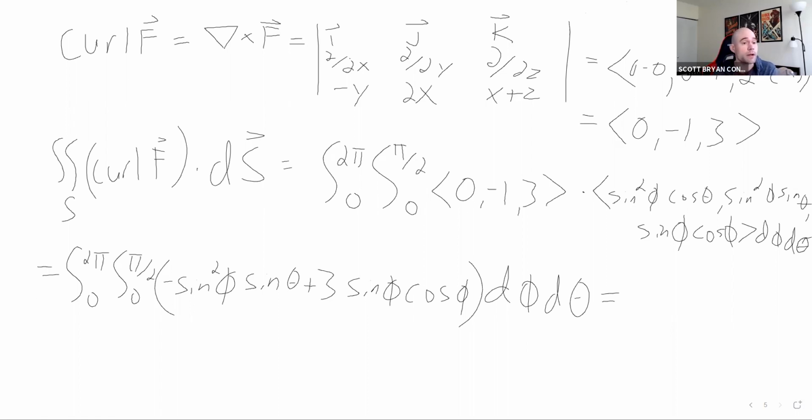So for the sine squared phi, we would need to use sine squared phi as 1/2 times 1 minus cos 2 phi. But I'll just give you the answer. We should get 3 pi for the answer here.